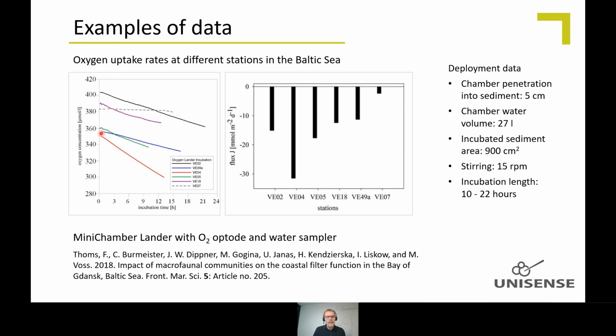For example, the red one here, station VE04, and that is the one over here. So this is the calculated oxygen consumption rate from the decrease in oxygen. Last line here, that is VE07, which is the one with a very low oxygen consumption rate here. This is a very easy deployment, very safe deployment to do. You'll always get good data from these oxygen decrease data.